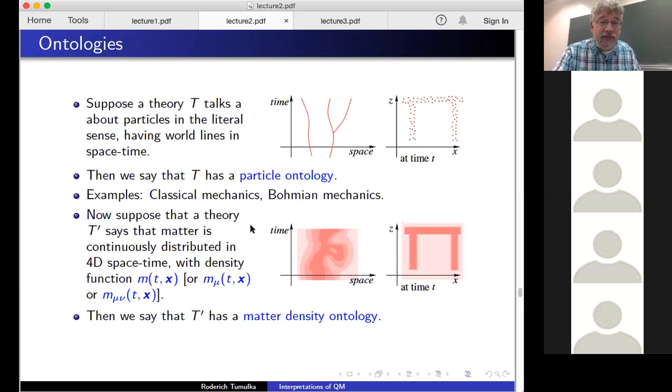A different possibility, a theory T prime, says that matter is continuously distributed in four-dimensional space-time with a particular density function m of t and x.